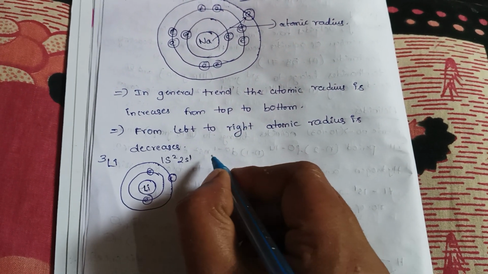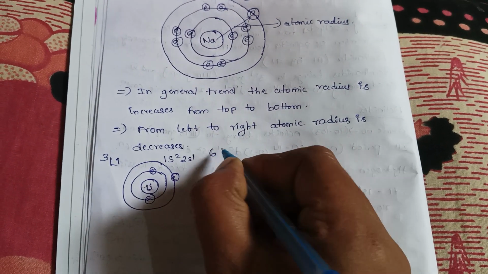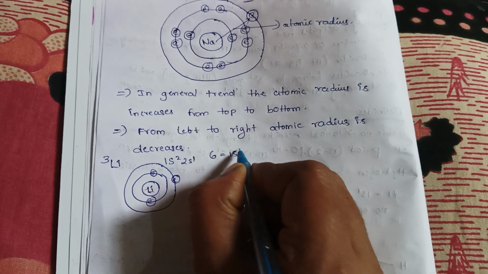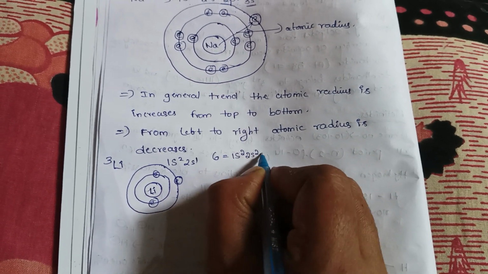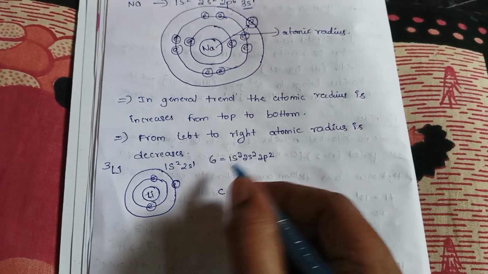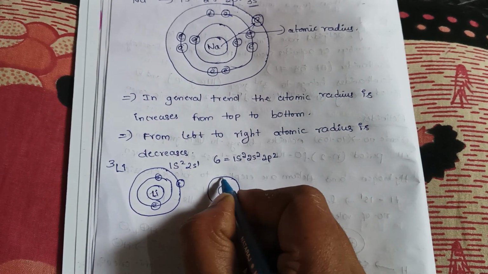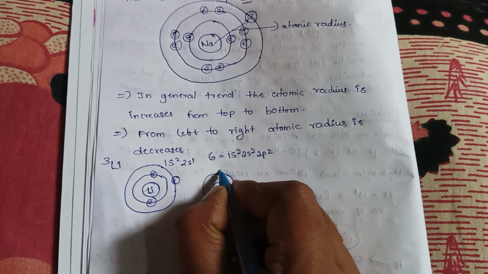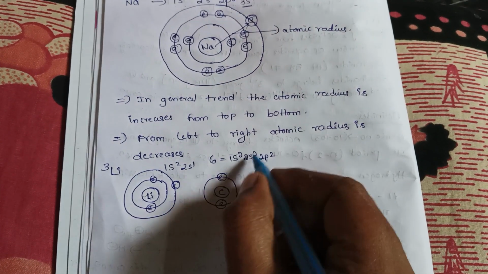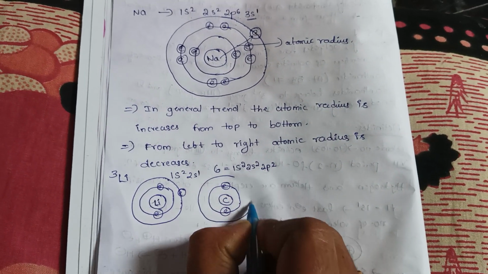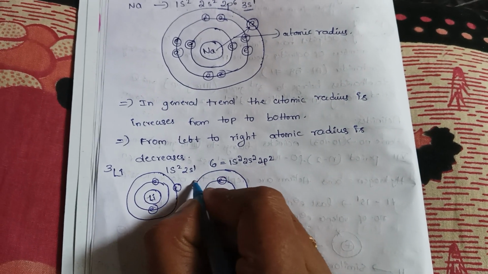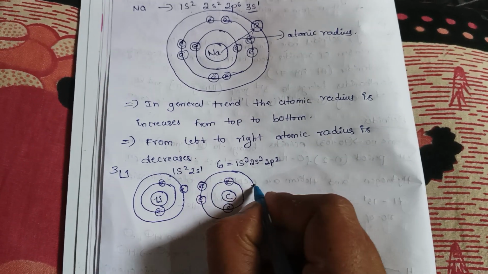Carbon atomic number is 6. Electronic configuration is 1s2, 2s2, 2p2. First shell has how many electrons? 2 electrons. Second shell has 6 electrons.